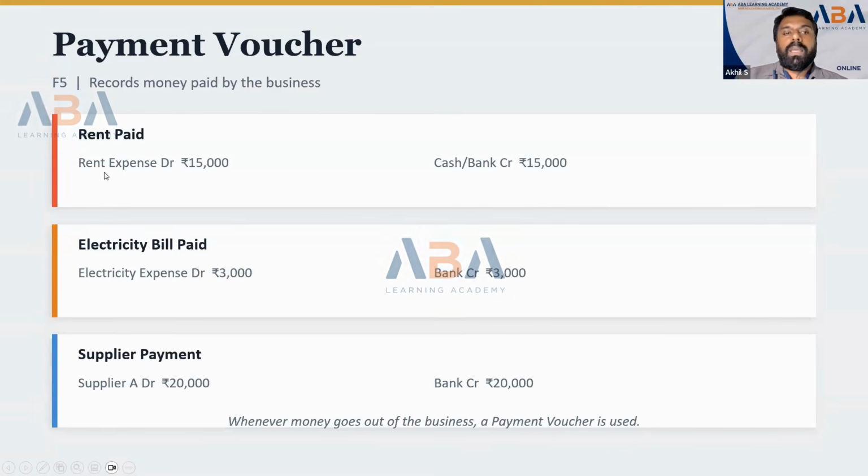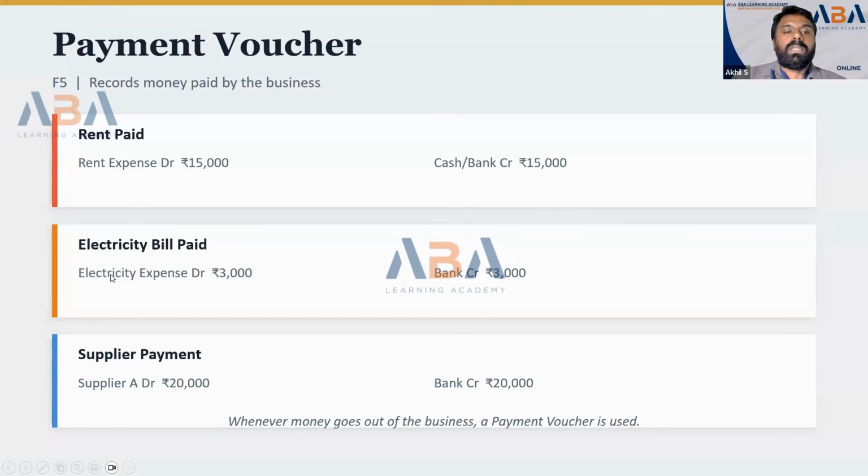But if the debit is cash or bank and the credit is also cash or bank, in that case we have to use contra voucher. Here we are using payment voucher because the cash account is reducing and we are giving it to a third person. That is why for rent paid expense, we are making payment through payment voucher.